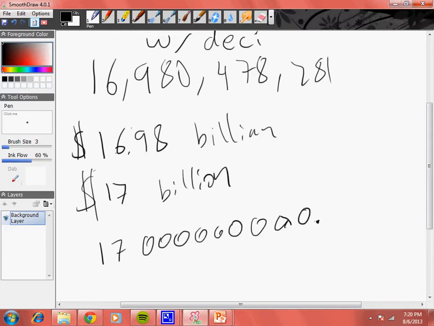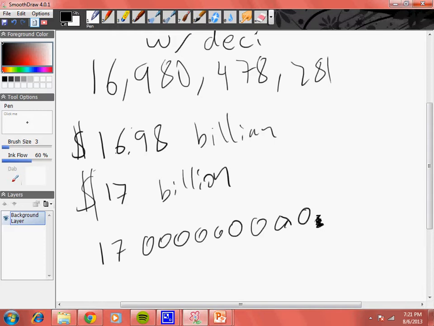When you have a decimal, like let's say we put a decimal right here, then all of a sudden we have 1, 2, 3, 4, 5, 6, 7, 8, 9, 10, 11 significant figures. Did I count this correctly? 1, 2, 3, 4, 5, 6, 7, 8, 9, 10, 11. Because we are saying he has exactly $17 billion, right?